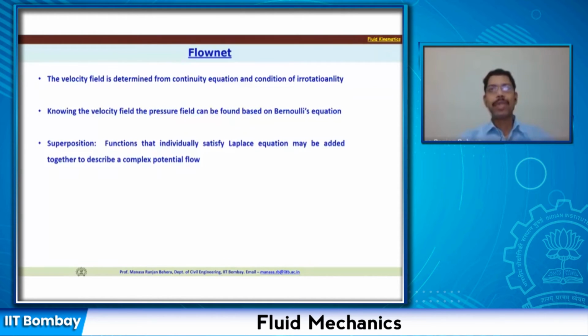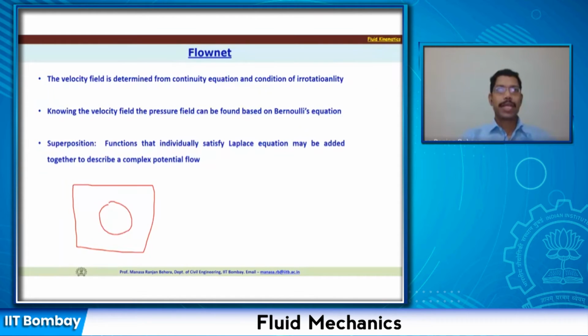Let us say I have some domain, something like this. Within that I have some kind of circle like this. This represents, let us say, one of my lakes, and there is a small island within the lake. Now I want to understand how the flow is going to take place.